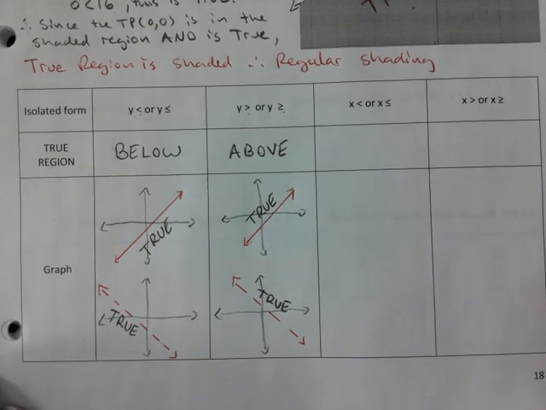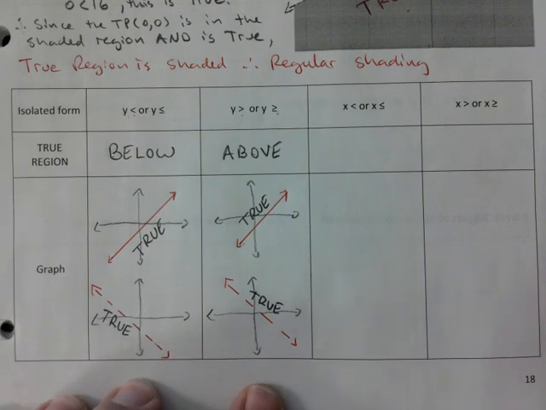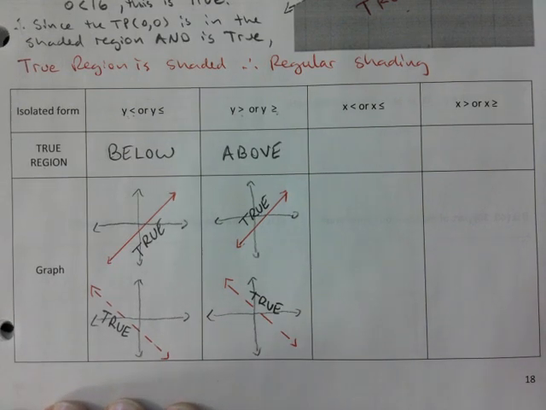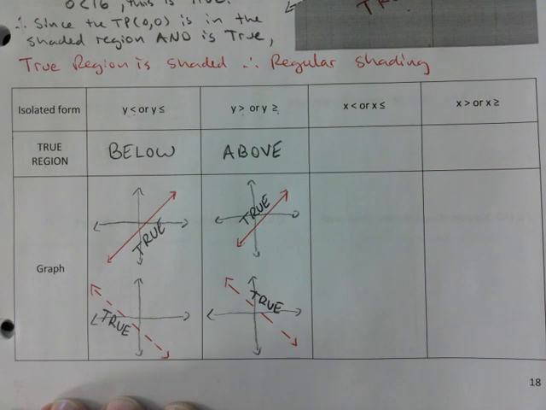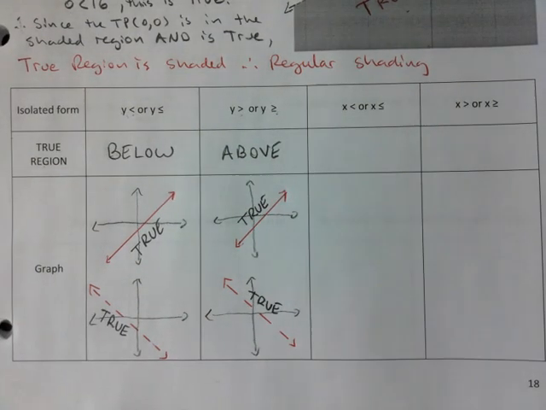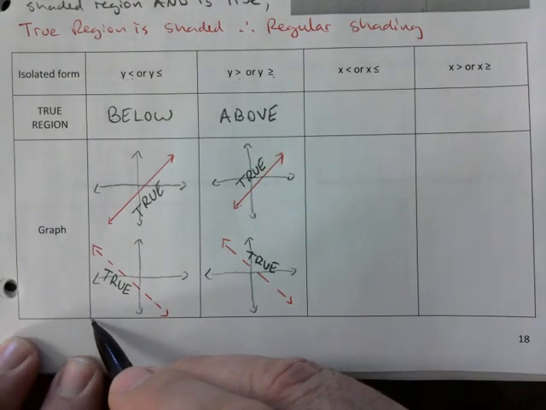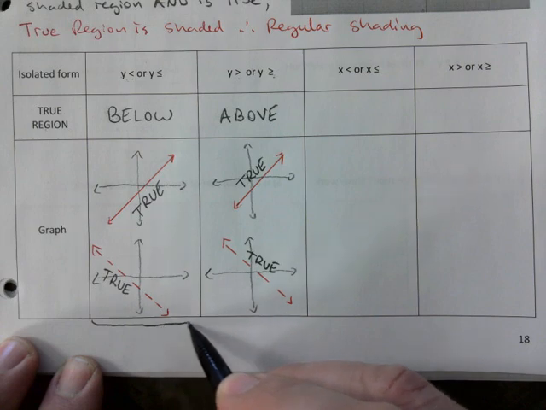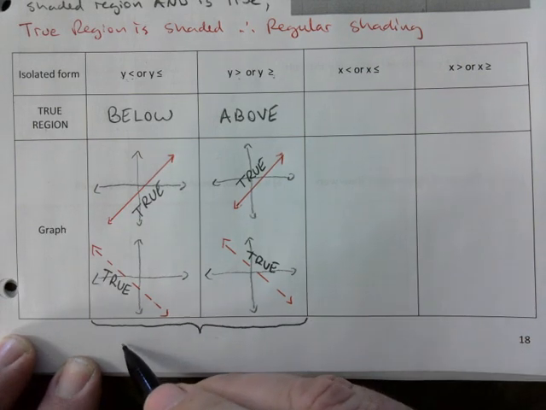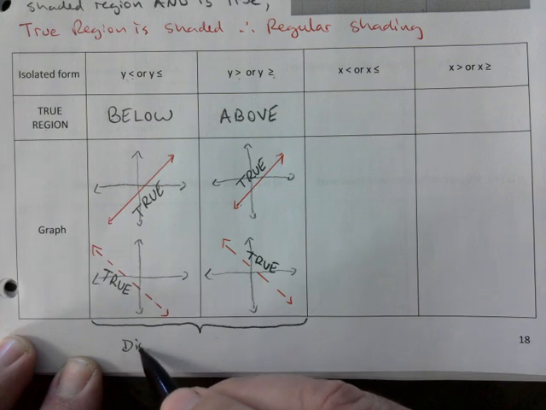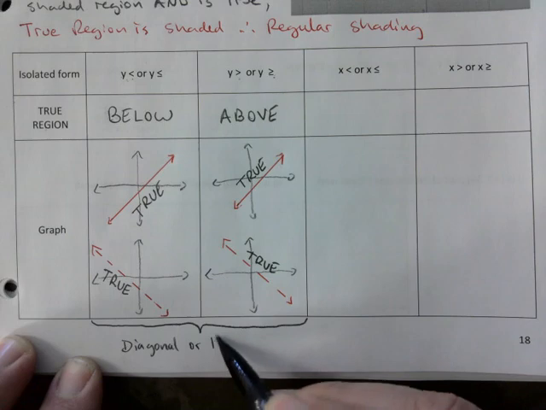That's just how it goes. I will add this to the bottom of you, like these two here. If you want to make a bracket like this, these are diagonal or horizontal lines.